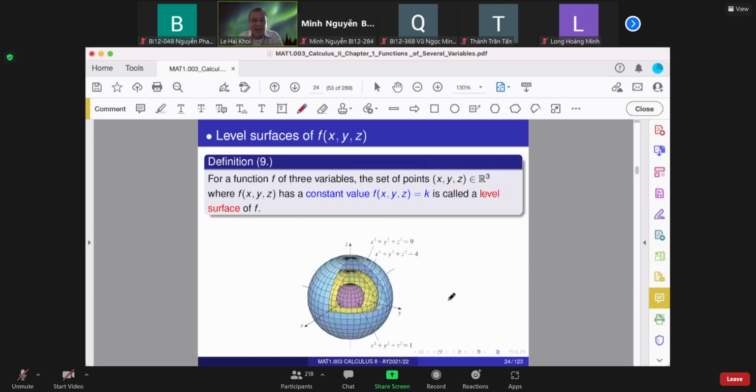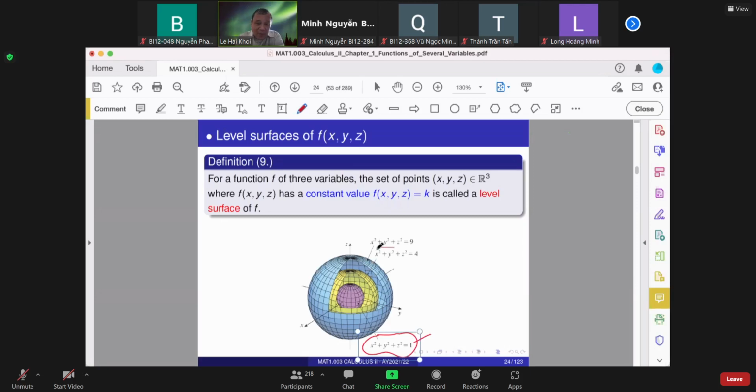Okay, here, for example, we already talked about that. Here, the purple color is the set of points x, y, z for which f(x, y, z) equals 1. K is 1. So this is the sphere centered at 0, radius 1.